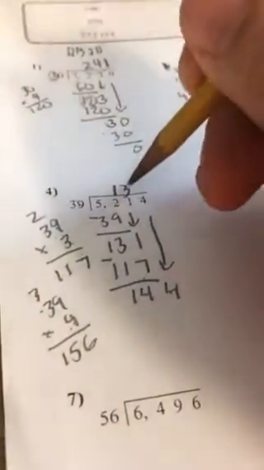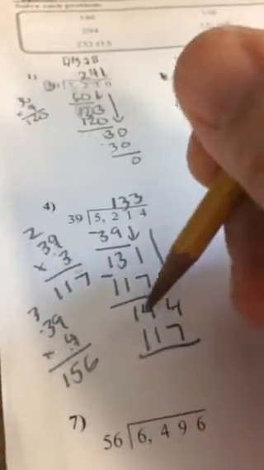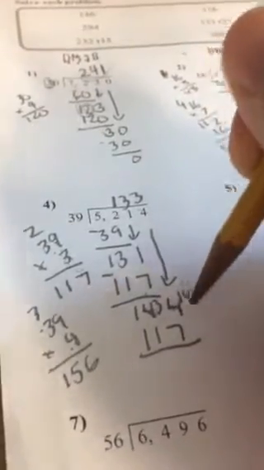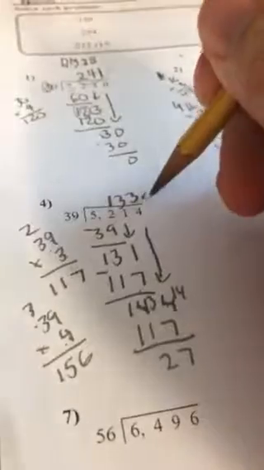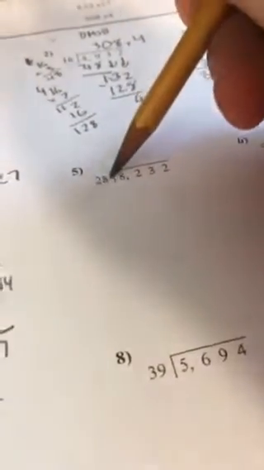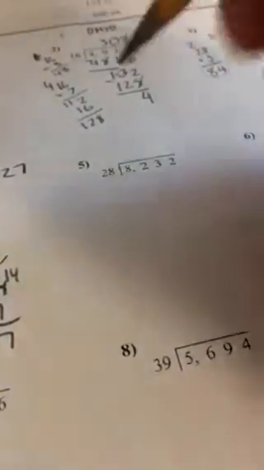So I'm going to end up having to use the 3 again, which is 117. And then I'll go ahead, subtract it out, and I have 27. So 133, remainder 27.